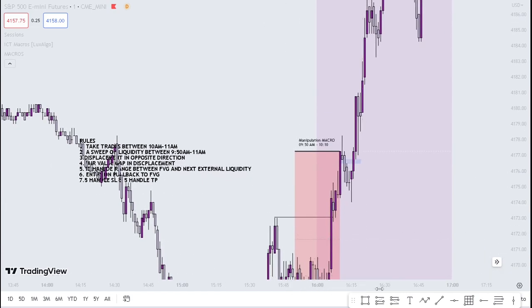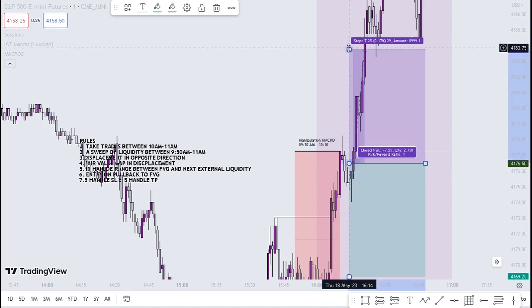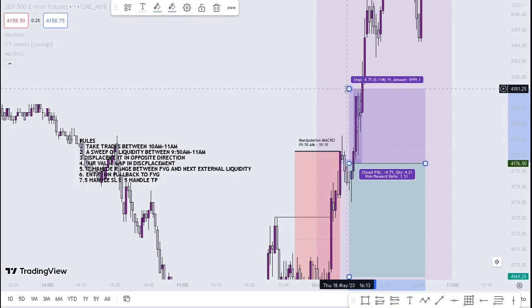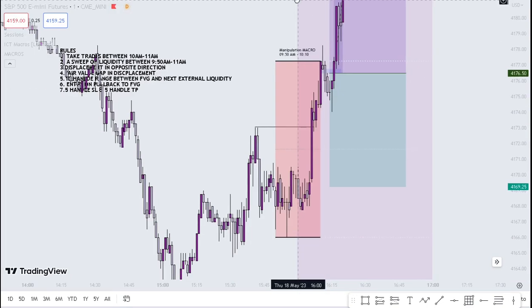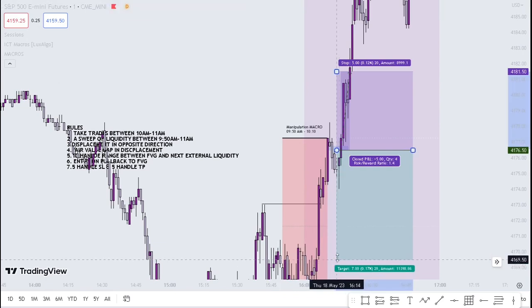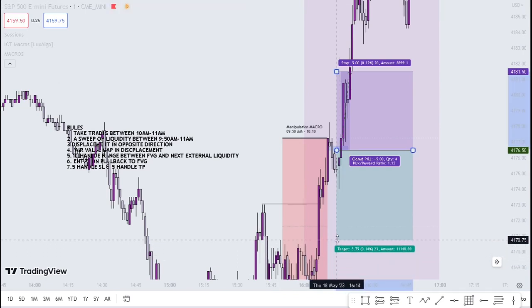We add 5 to the current price for our stop loss, and we subtract 5 from the current price for our take profit. So in this particular scenario, we would have had a losing trade on this day. So this would have been our first loss.